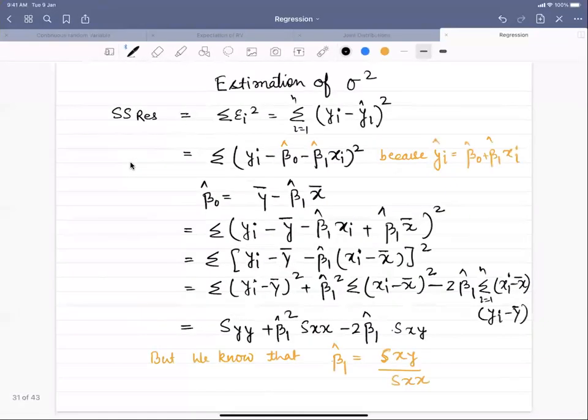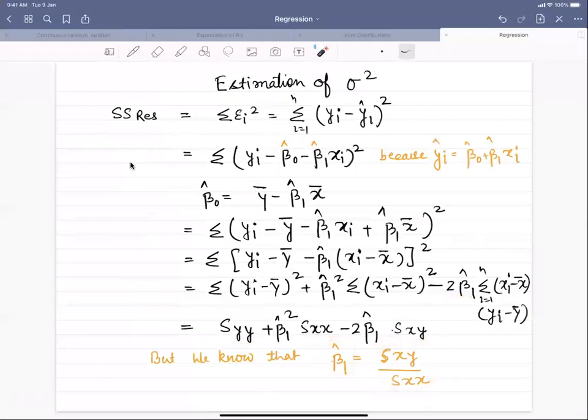So that is how we wrote them: Syy, Sxx beta 1 cap square minus twice beta 1 Sxy. And we know that beta 1 cap is equal to Sxy divided by Sxx.